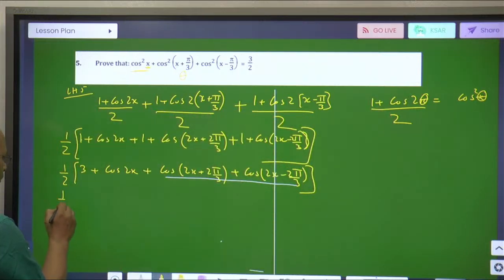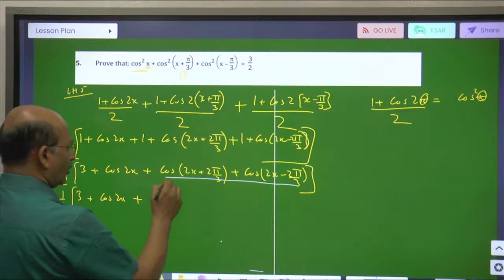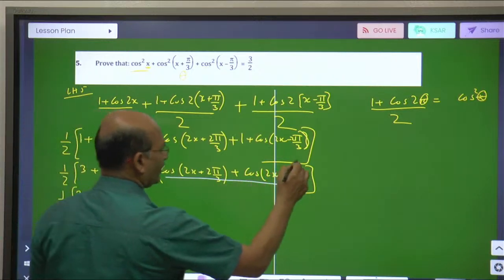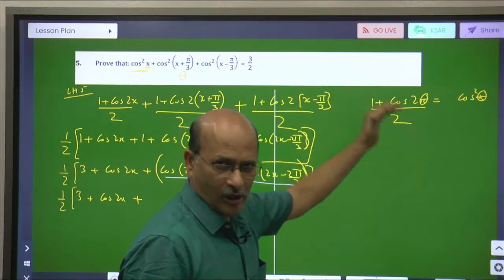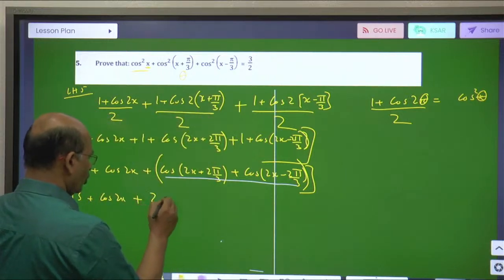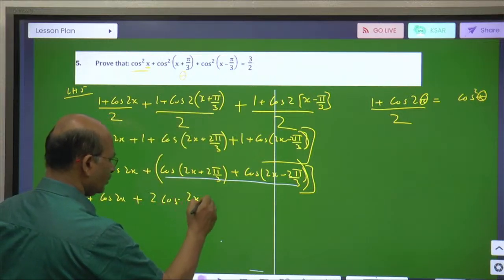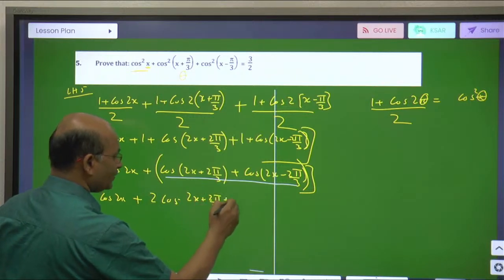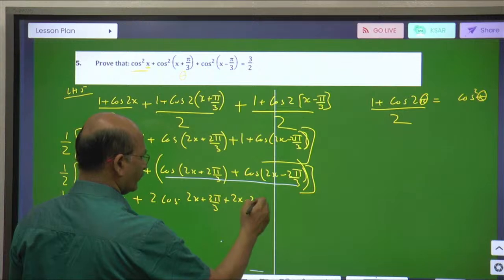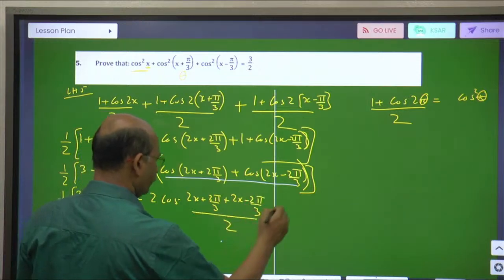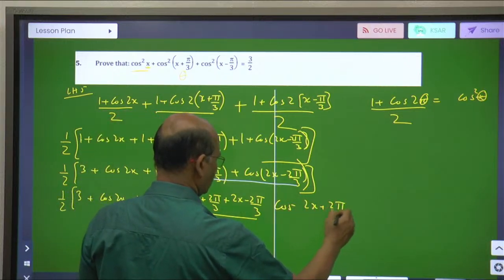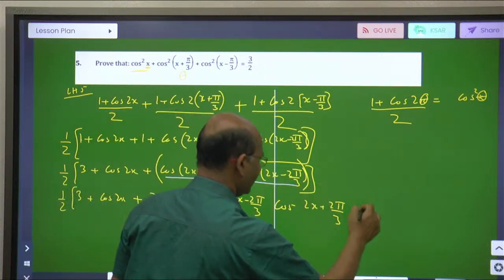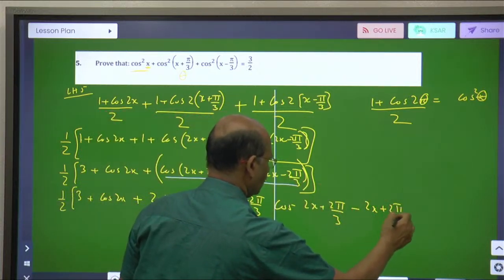Just see, 1 by 2 as it is, 3 plus cos 2x plus, now for this I am applying the formula, cos c plus cos d, addition of cos will be cos cos, so 2 cos c plus d by 2 cos c minus d by 2.